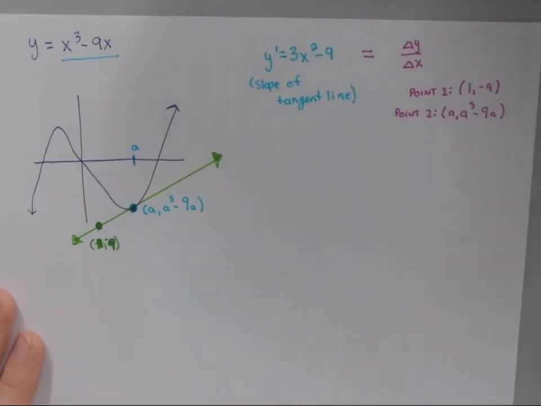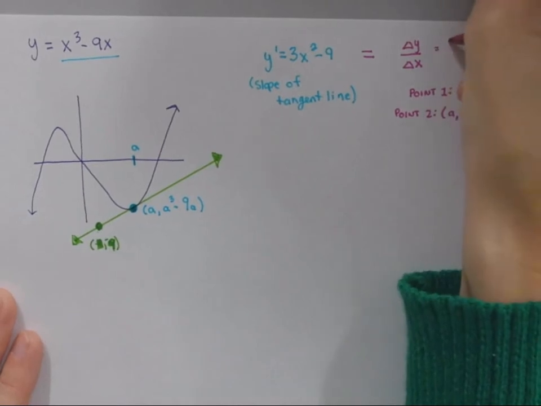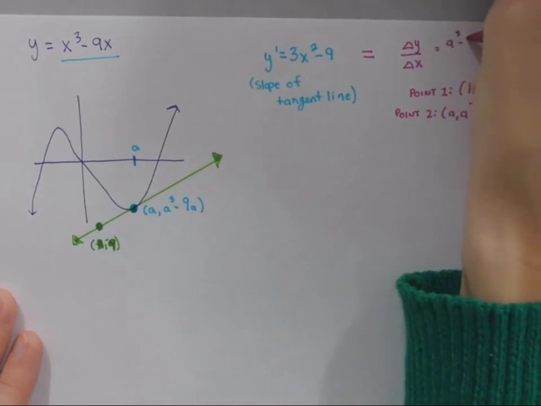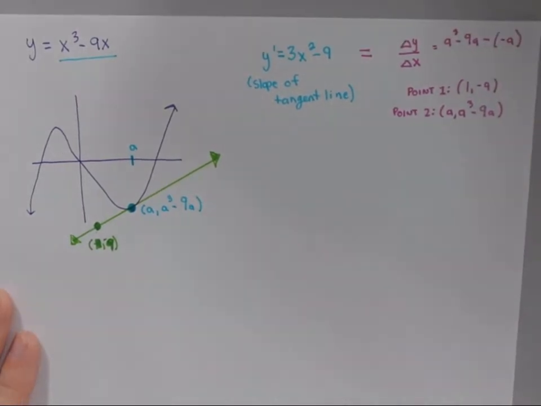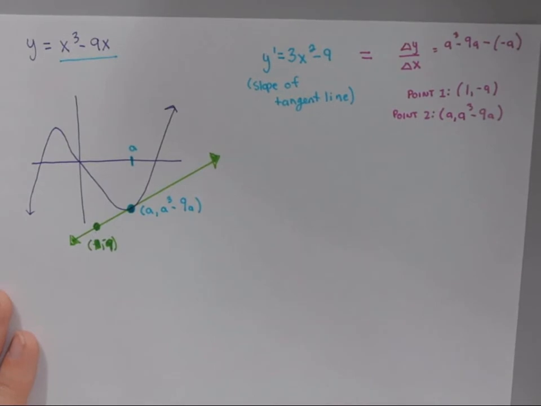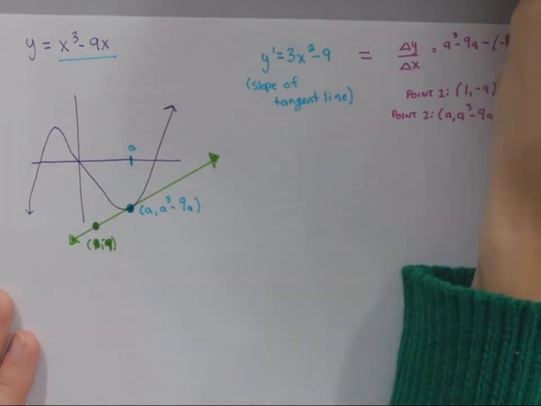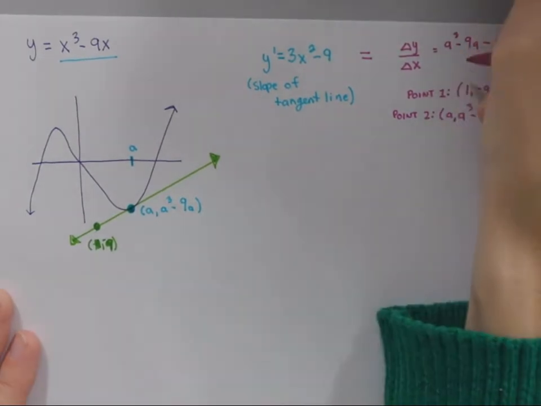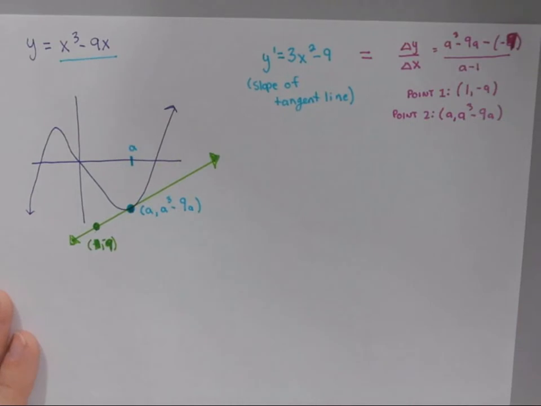So if we want to know change in y over change in x, it's going to be a to the third minus 9a minus negative 9. That should be a 9. My a's and 9's look a lot alike, so I apologize for that. A minus negative 9 over our change in x, which is a minus 1.